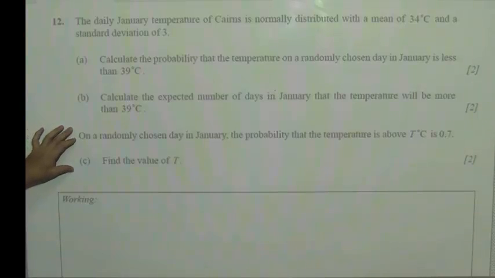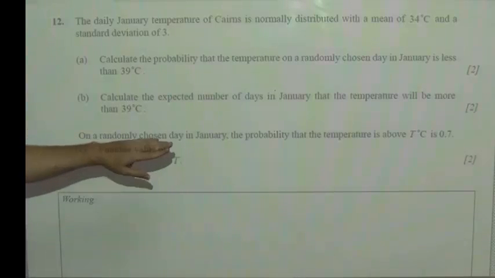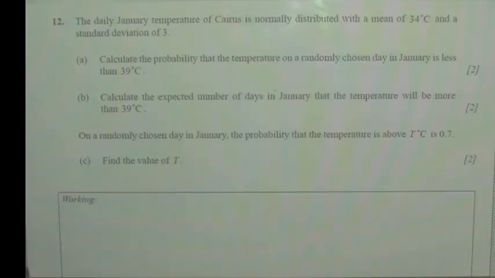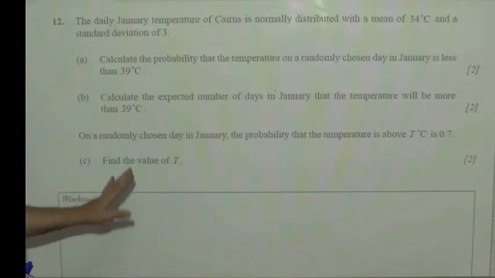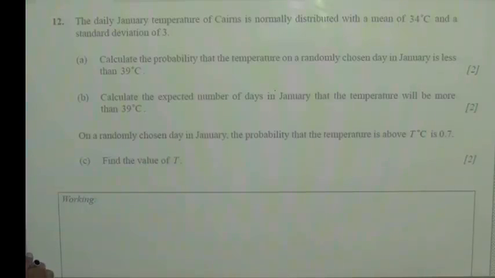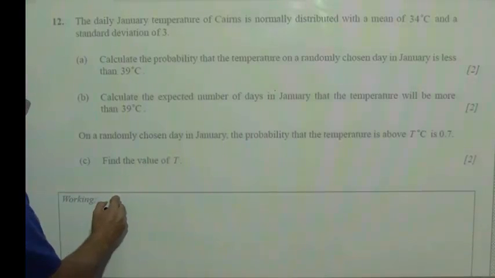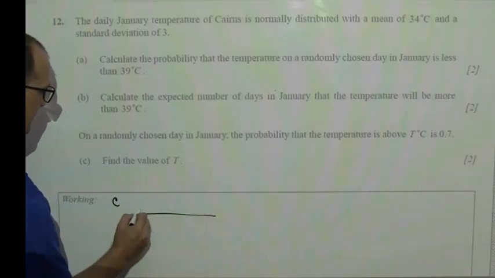So then to answer part C, which on a randomly chosen day in January, the probability that the temperature is above T is 0.7, or you can think 70% chance that it's above that temperature. Find the value of T, and you see I'm giving myself space to draw out what I want.